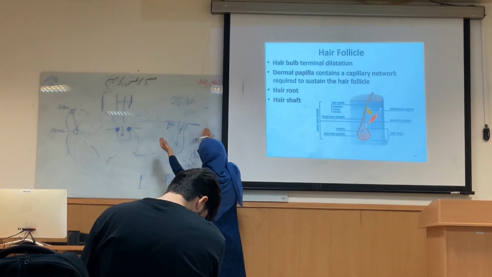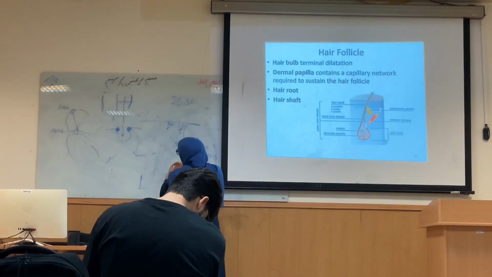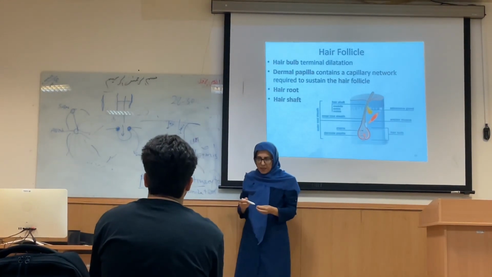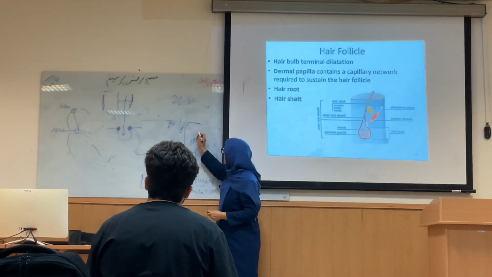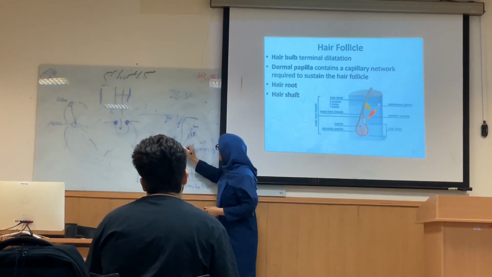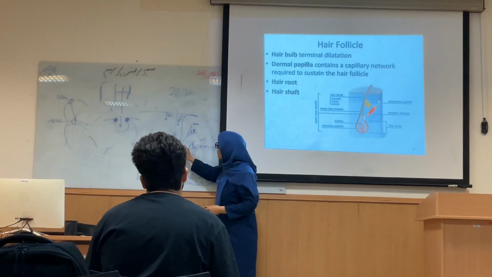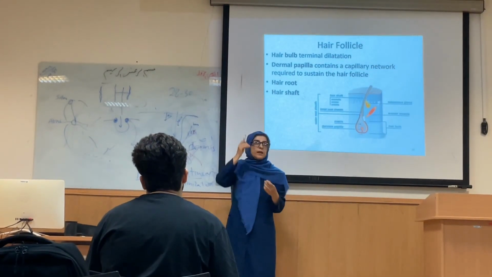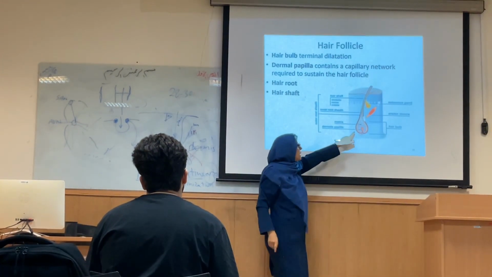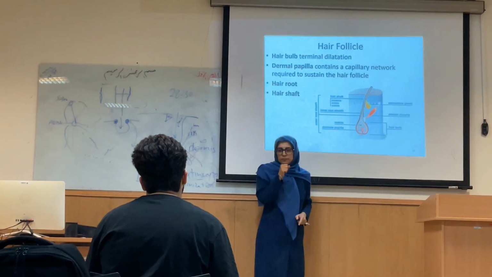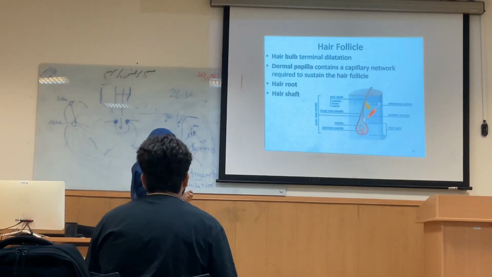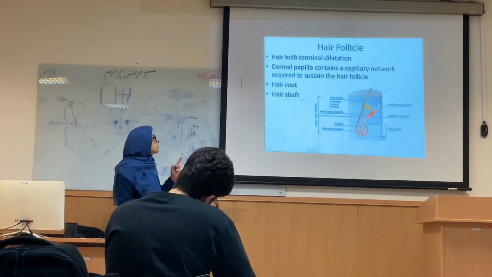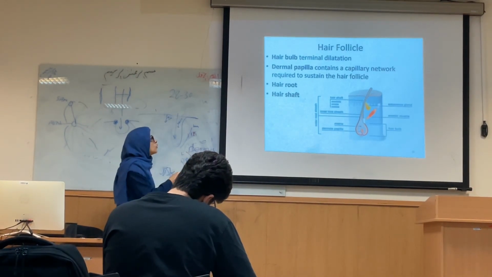And when it invaginates inward, it brings the layers of the epidermis with it. The deepest, the basal layer, is located here, and finally forms the vital part of the hair, named the hair bulb, which is involved in the renewing of the hair. Just knowing about the hair is enough for you.